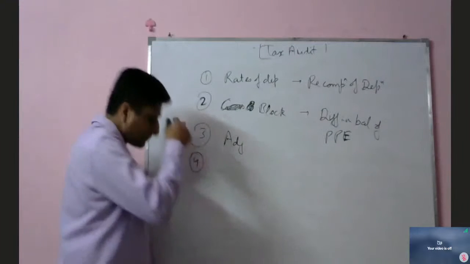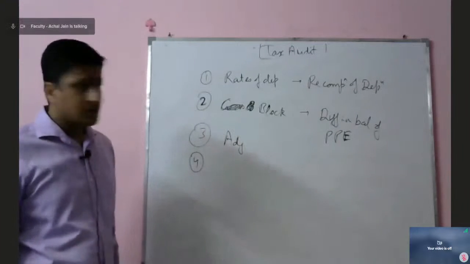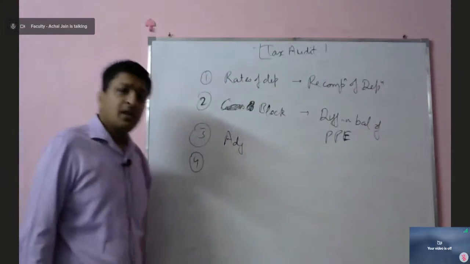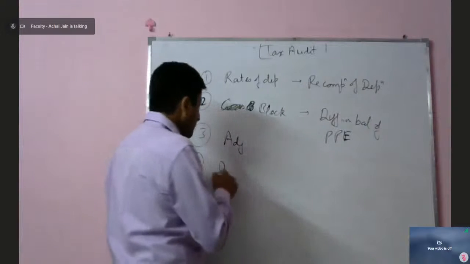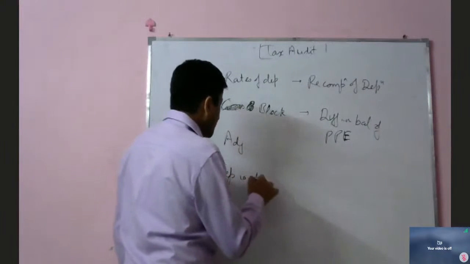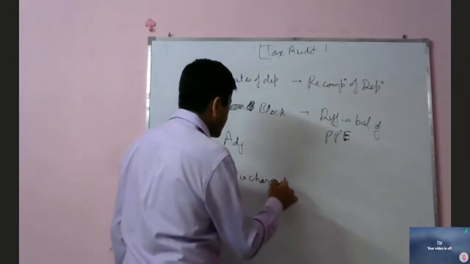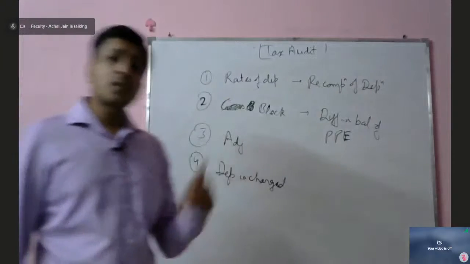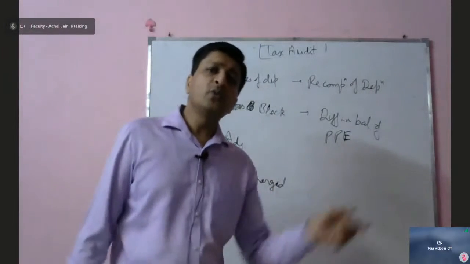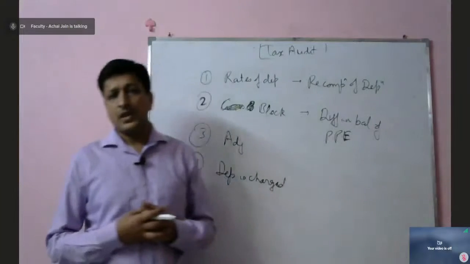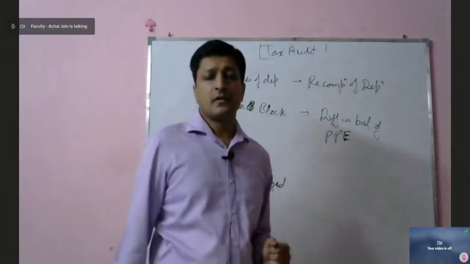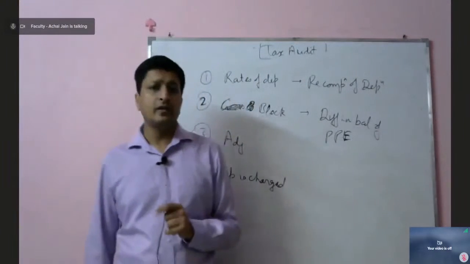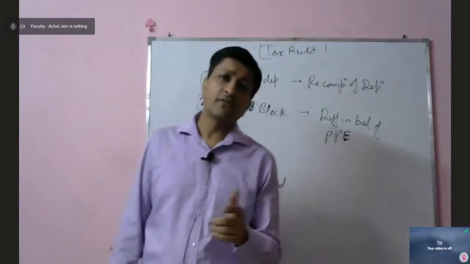Number 4, under income tax, over and above the different rates of depreciation, the way depreciation is computed or charged is not on a proportionate basis, which we do in case of financial statements. Let's suppose an asset is purchased on 1st of May 2019 during the financial year 1920, the depreciation will be charged from 1st of May.